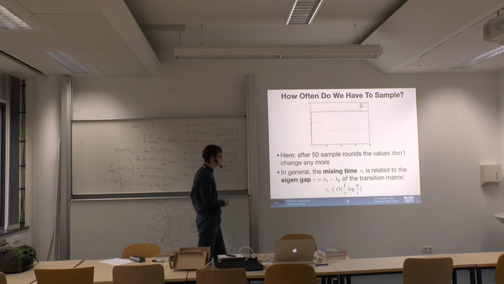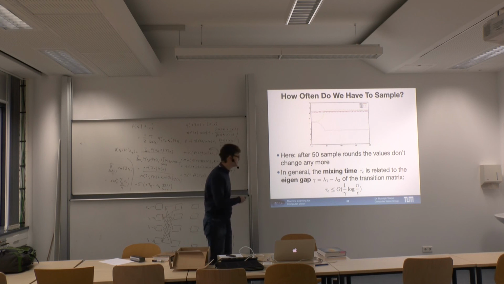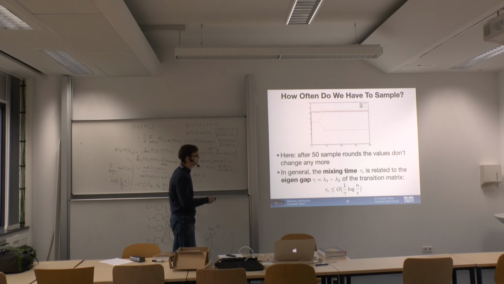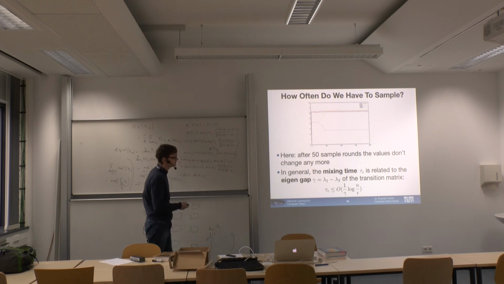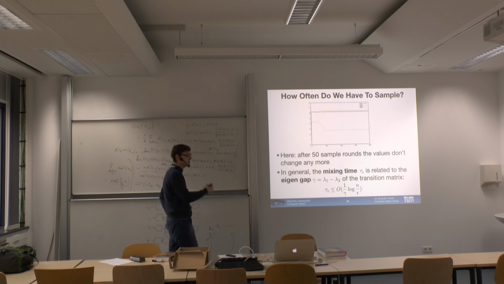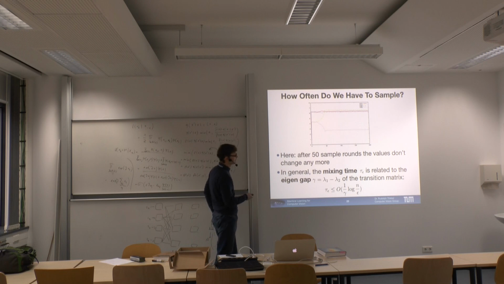In general, what you can do is you can use this mixing time t epsilon, the time that you can compute, or this burn-in time that you need, is also related to the eigengap, right?